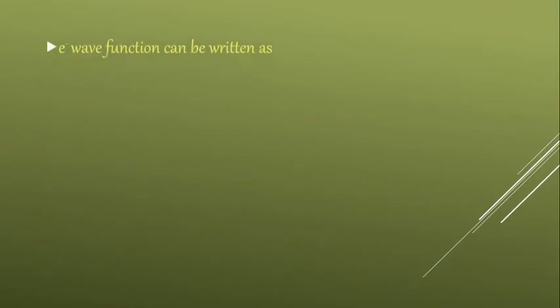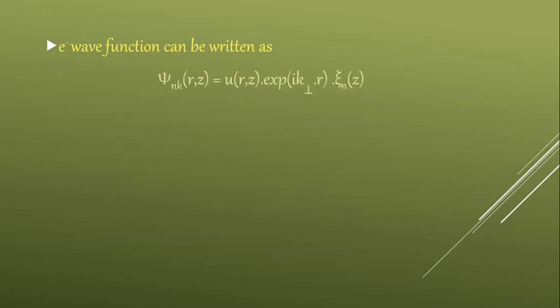Since the potential energy is taken to be a function of z only, here we have not considered x but we have considered the z coordinate. So the electron wave function, which I am going to denote as xi n k of r comma z, can be written as the product of three parameters.